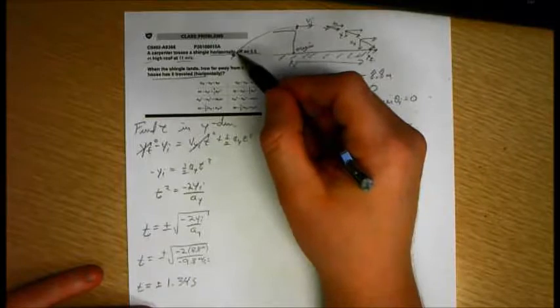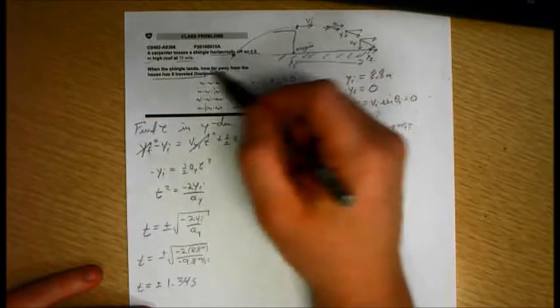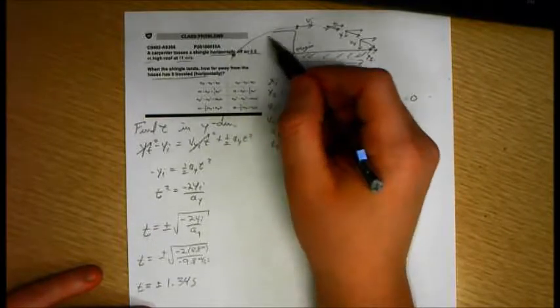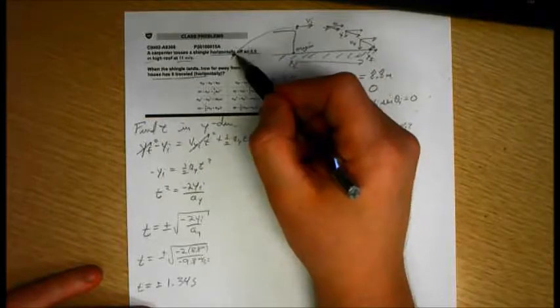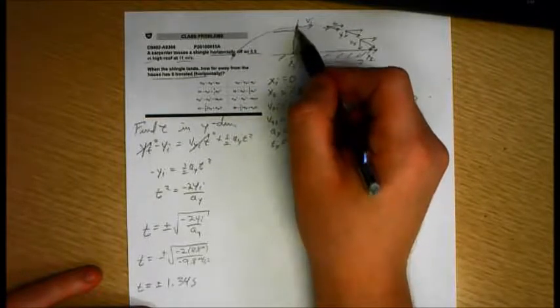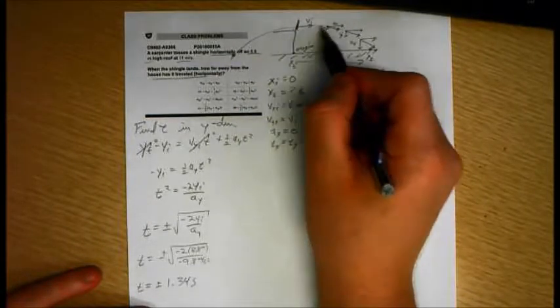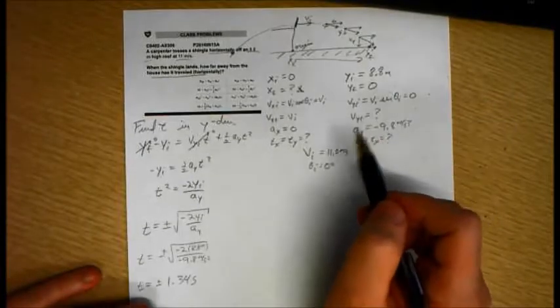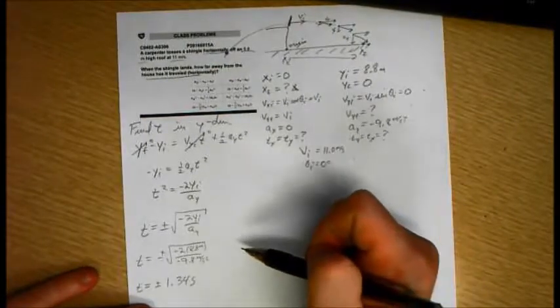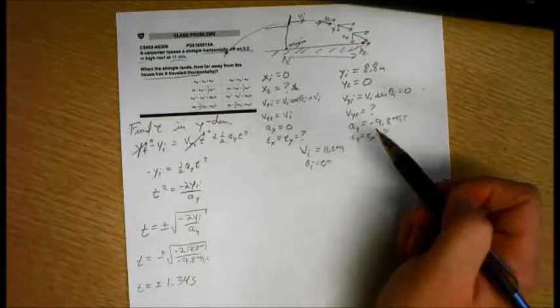But none of this is relevant because, for one thing, the question doesn't ask about this area over here. Also, this trajectory doesn't exist. We're taking the parabola and we're starting the parabola at the peak and then continuing forward. So the math may give you a solution, but the physics says that solution is irrelevant. Positive 1.34 seconds.